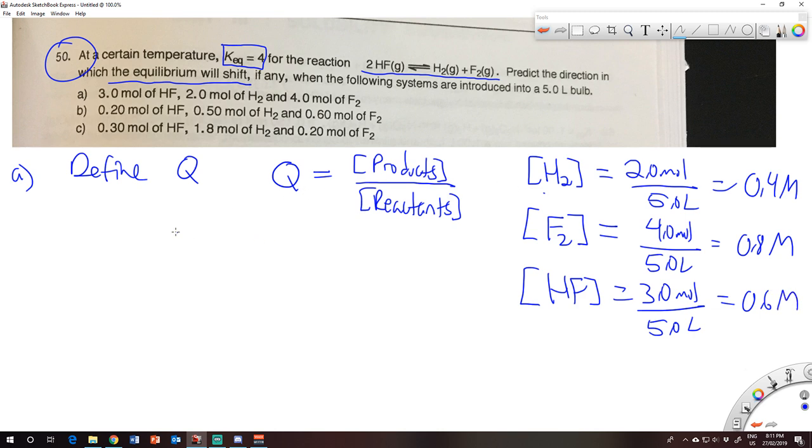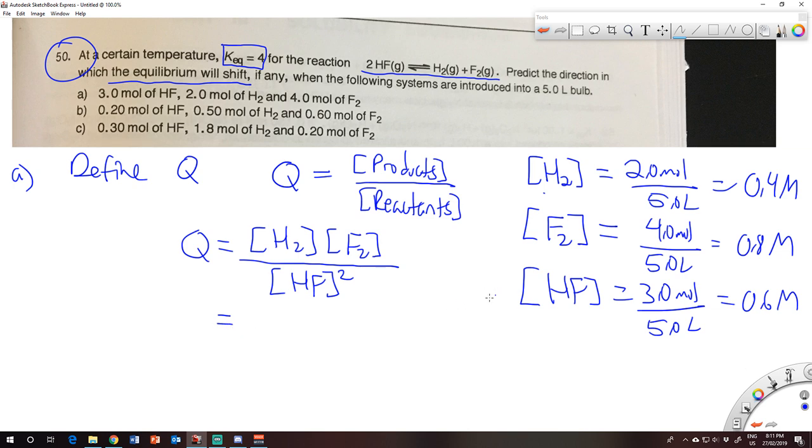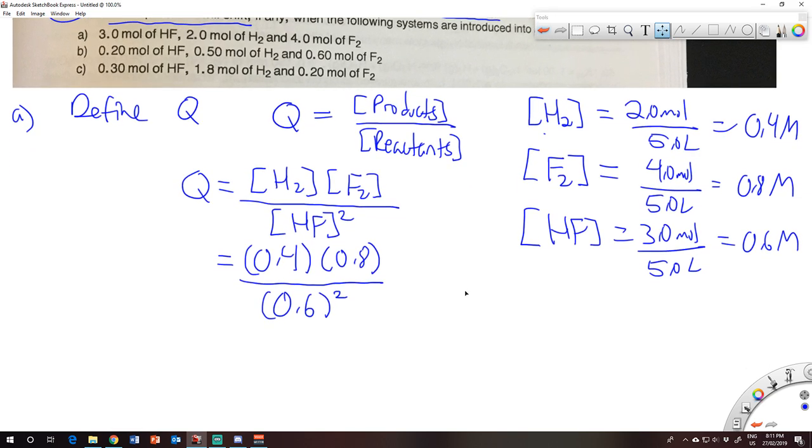Alright, so now we calculate Q. Q will be concentration of H2 times concentration of F2 all over concentration of HF squared. Products over reactants. So this will be 0.4 for the H2, 0.8 for the F2, and 0.6 squared for the HF.